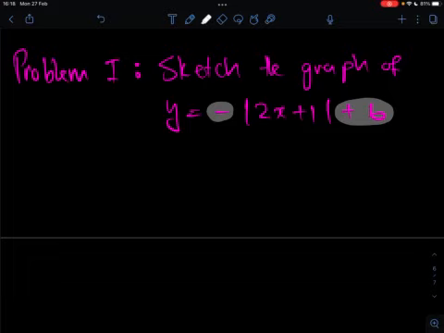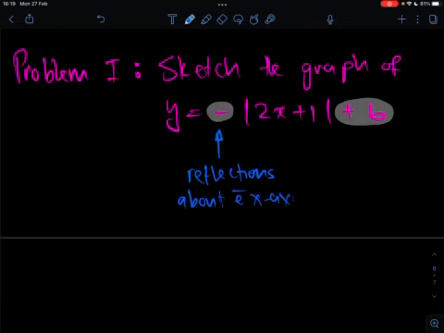Every time when you see negatives outside of an absolute function like the one you are seeing here, these negatives always stand for reflections about the x-axis.